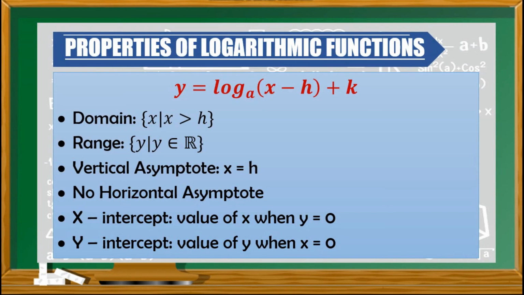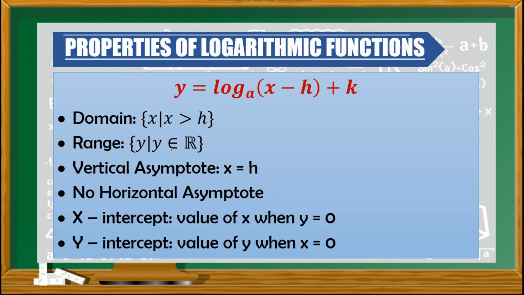So after giving you examples on how to graph and find the properties of logarithmic functions, here are the general properties. If we follow y equals the logarithm of x minus h with base a plus k, here are the properties. For the domain, it is the set of x such that x is greater than h, so all you need to do is to locate the value of h.